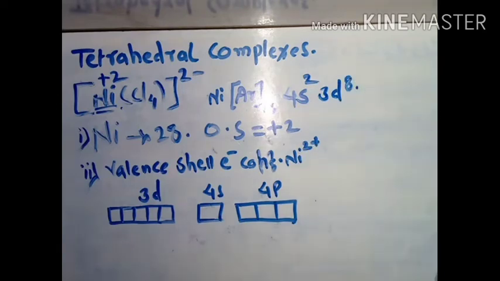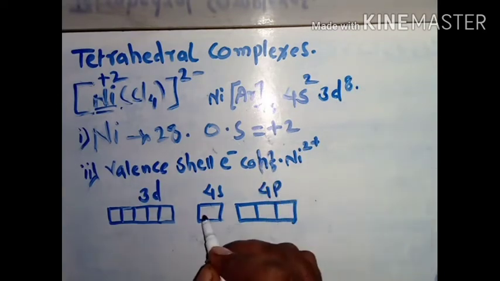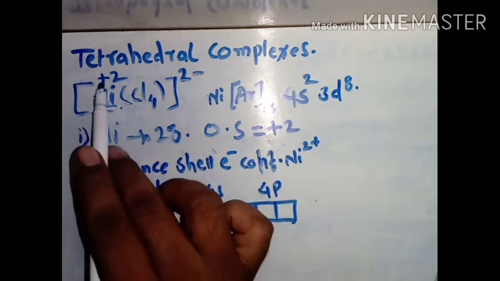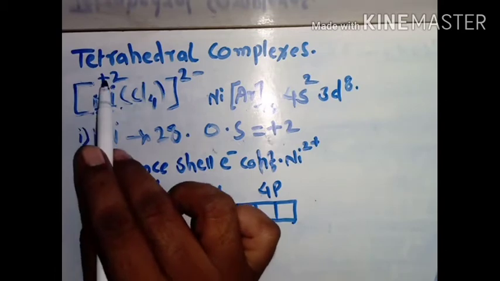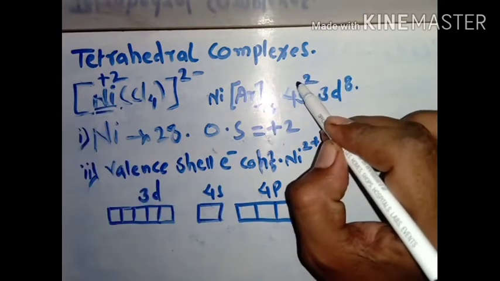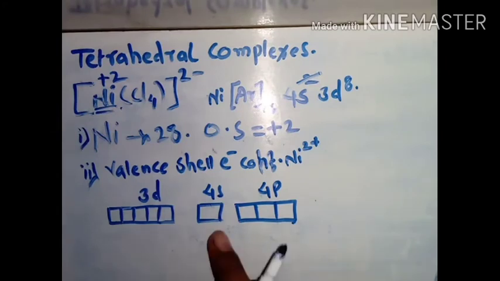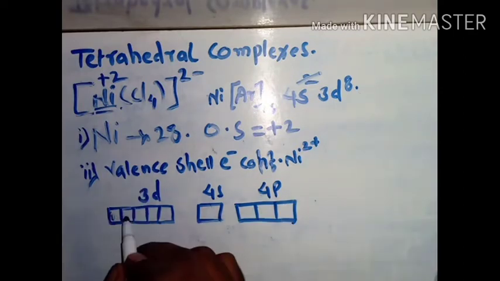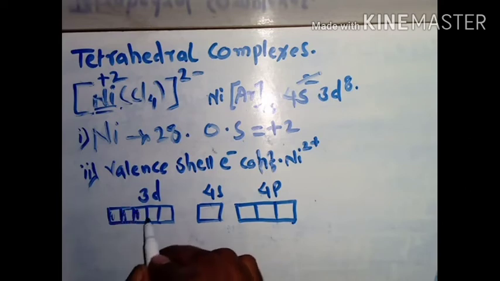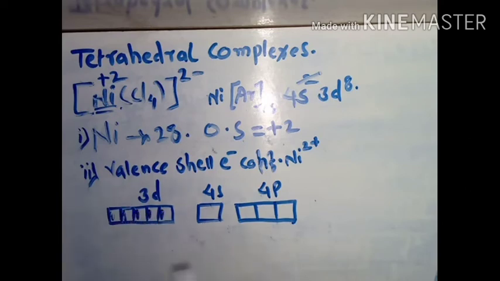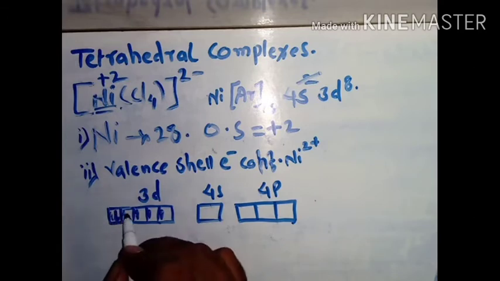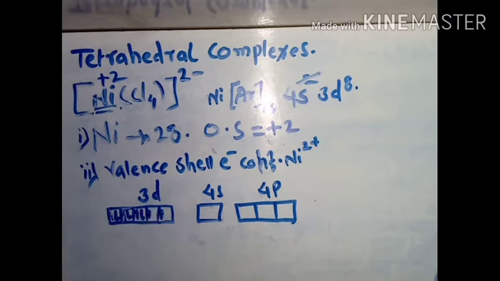Since nickel has a +2 oxidation state, it loses 2 electrons from its outermost shell, so we remove 2 electrons from 4s, and this shell remains empty. The 8 electrons are filled as first, second, third, fourth, fifth, and then the remaining electrons start pairing, 6, 7, and 8.